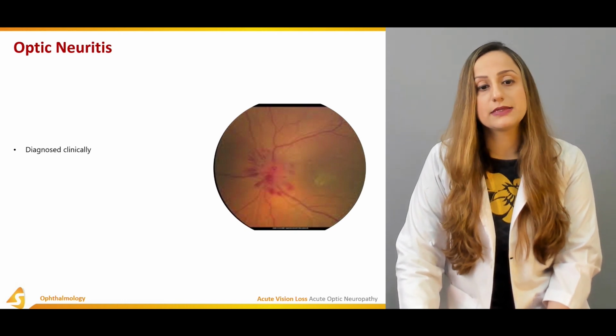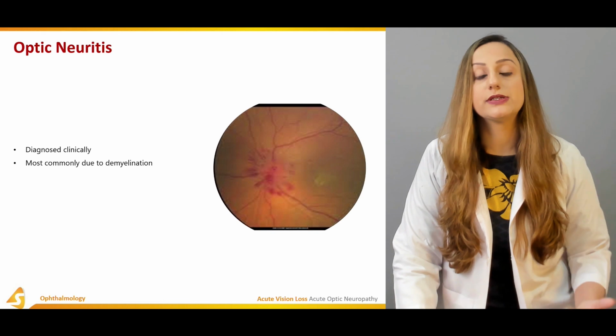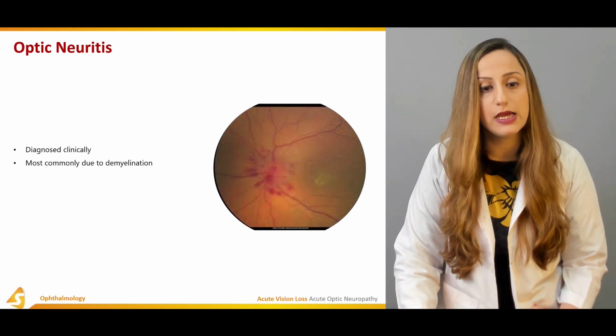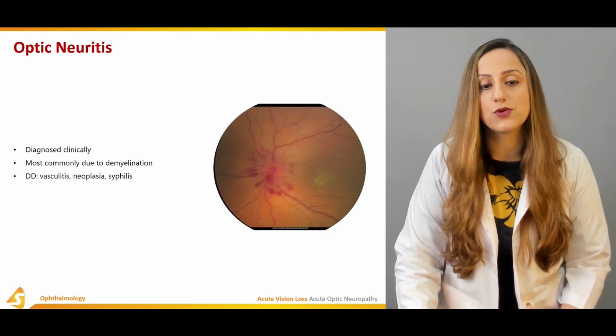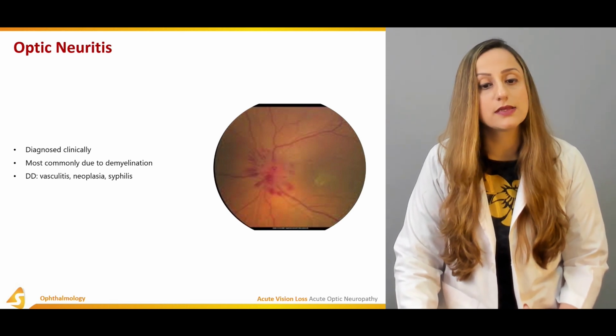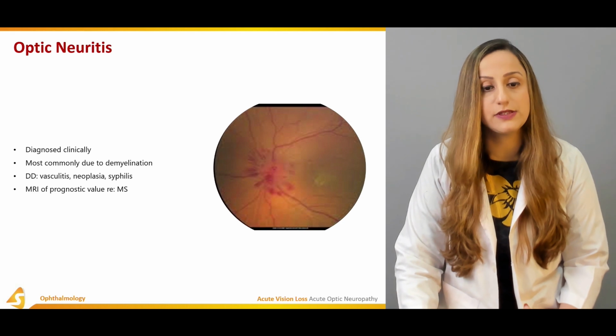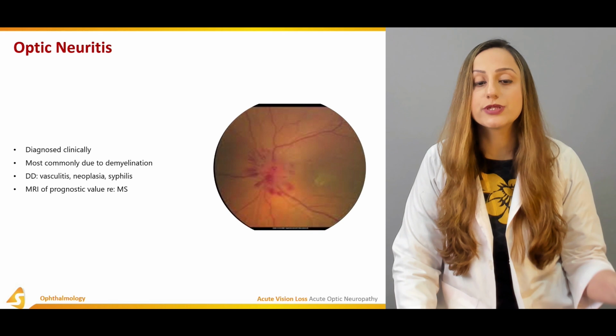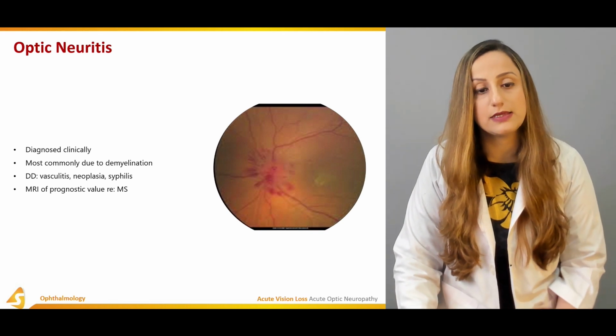Usually optic neuritis is diagnosed clinically. There are no particular tests that can be performed in these patients, most commonly due to demyelination, and the differential diagnosis would include vasculitis, neoplasias, and syphilis. MRI of prognostic value is again very important, just to exclude multiple sclerosis in these patients.